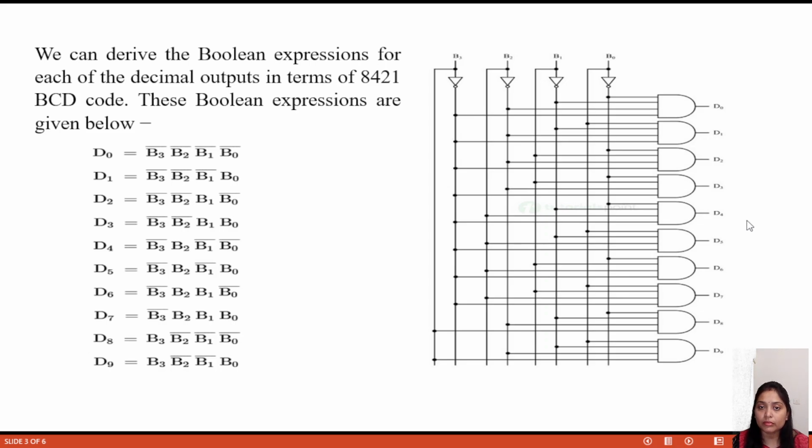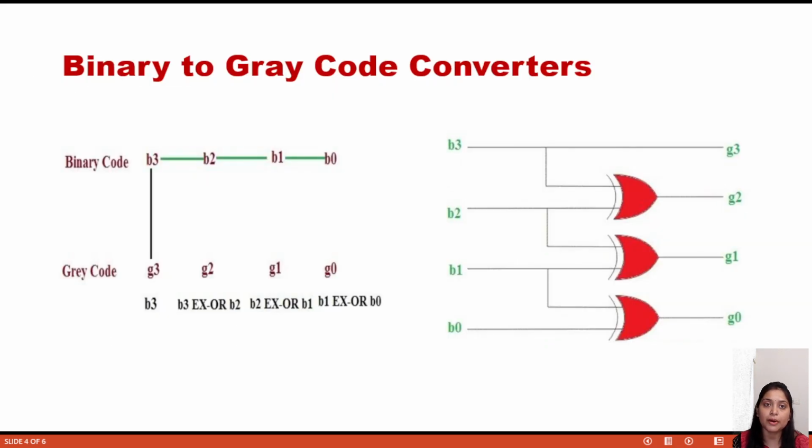Now we are coming to the next part, binary to gray code converter. This is a very common question. In the short questions in any exam, you have seen they give you some binary code and tell you to convert it to gray code. So what is the process for converting a binary number to a gray code number?